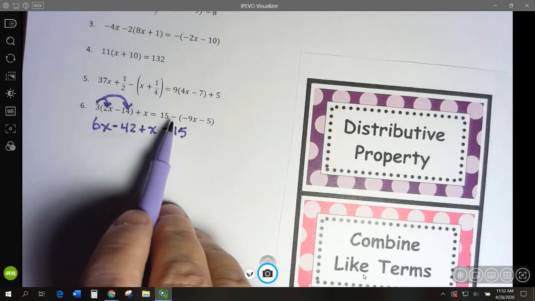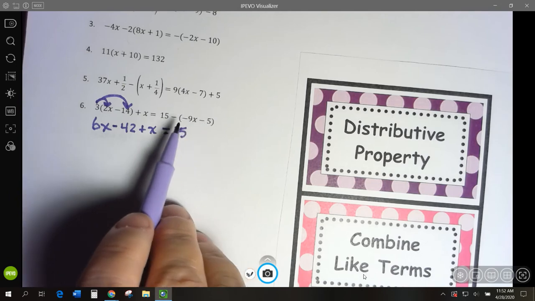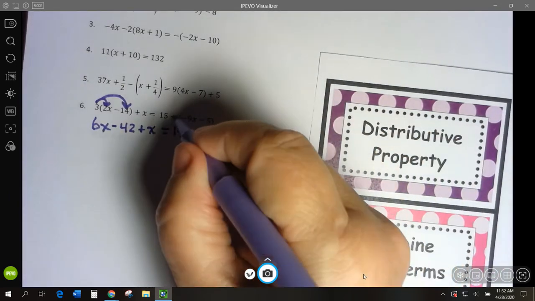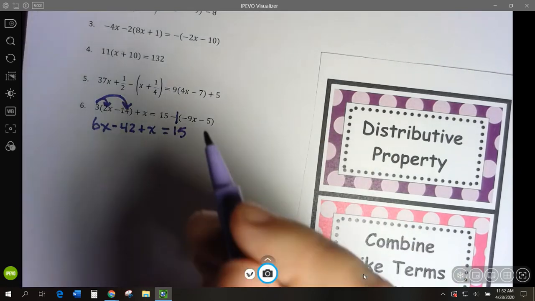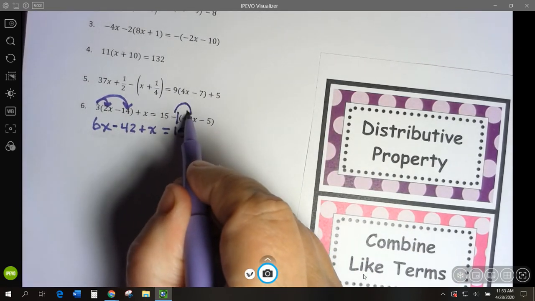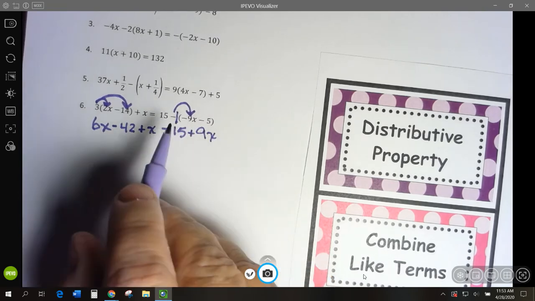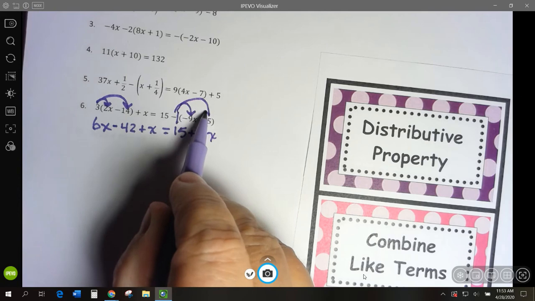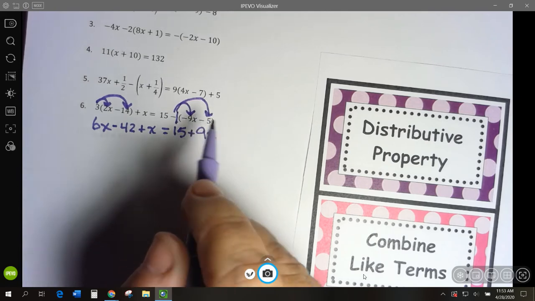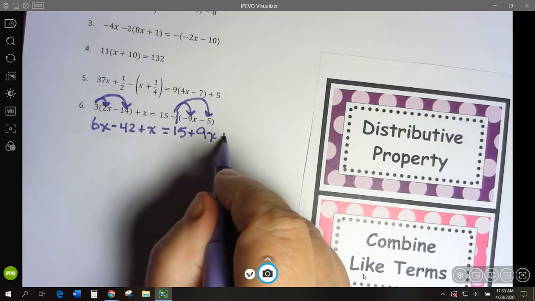And then distributive property here, but what number is this? It's a negative what? It's an invisible 1, so that's a negative 1. So negative 1 times a negative 9x is a positive 9x. And a negative 1 times a negative 5 is a positive 5.